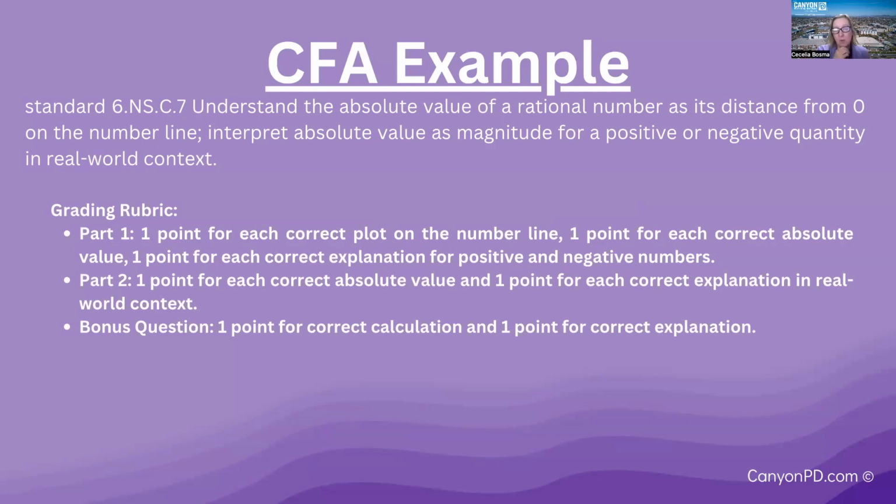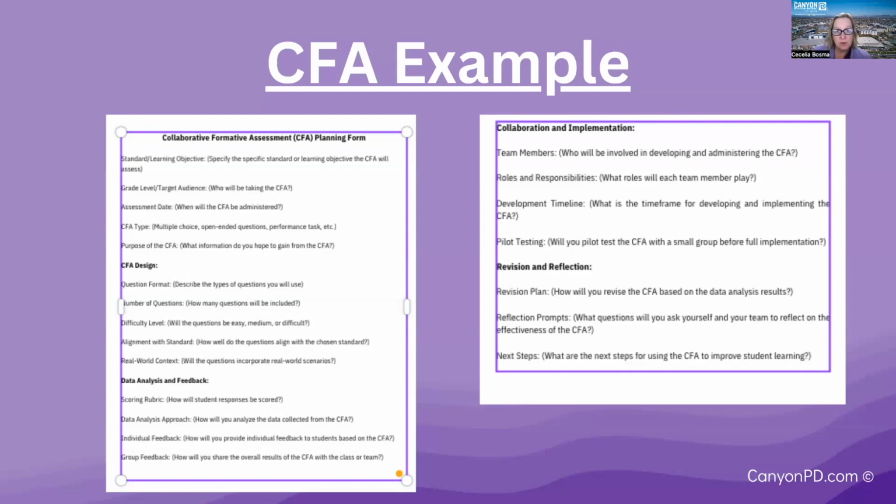And specifically, where does that need to happen? In your resources with this, we have a CFA template, or a planning guide. I want you to use this form as a flexible template and customize it to fit your specific needs. Feel free to add additional sections or information as needed.